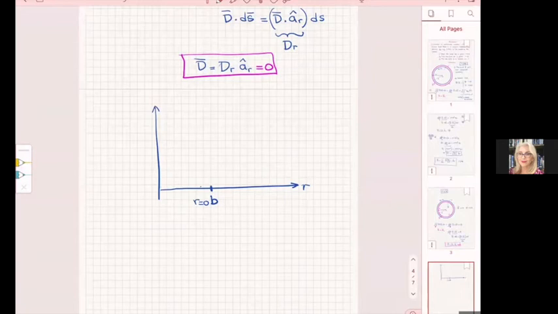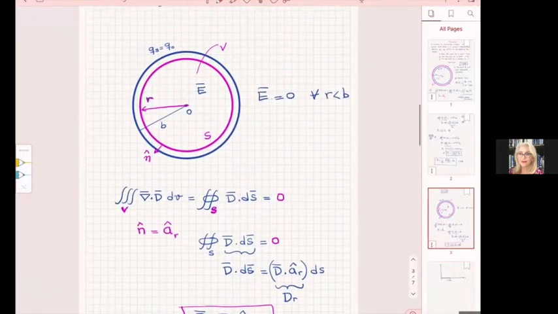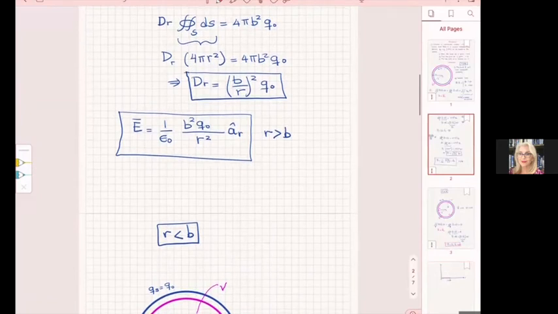It's going to be 0 here. And then here it is going to jump right around as it goes there. So it's going to start right after B. It's going to start at this point.